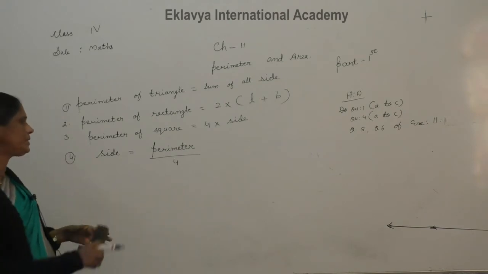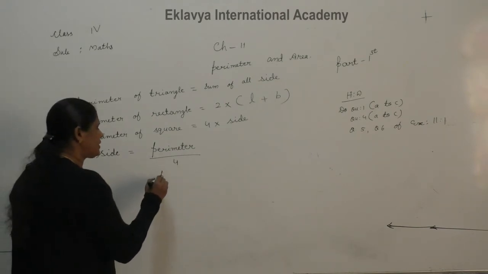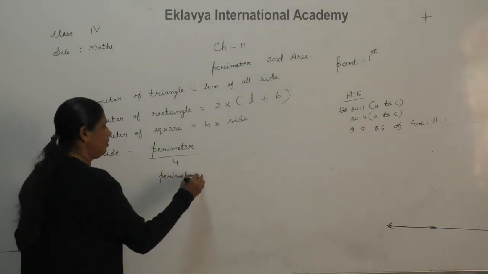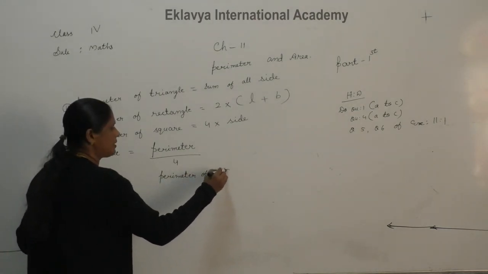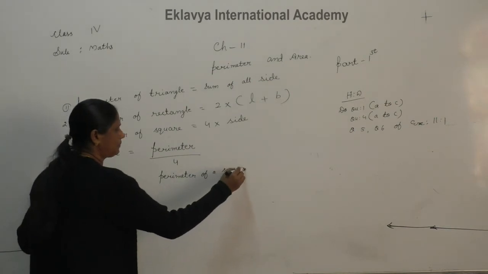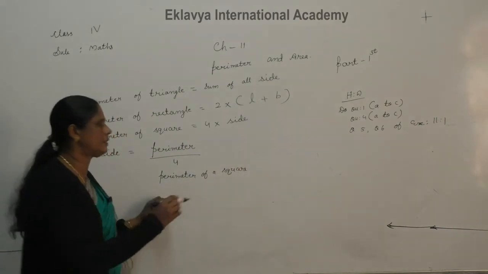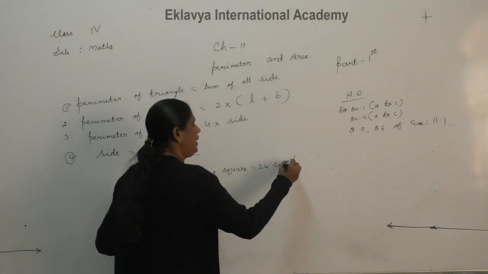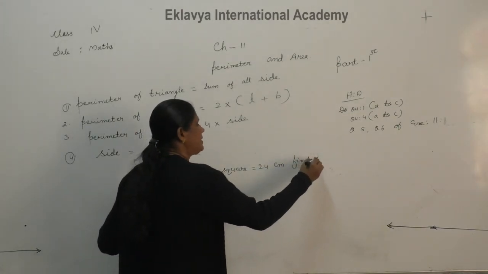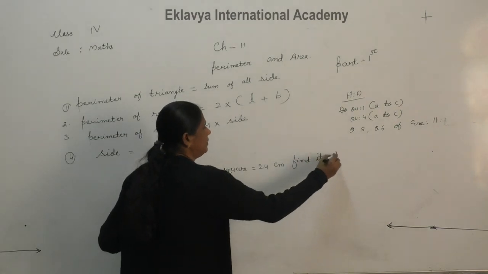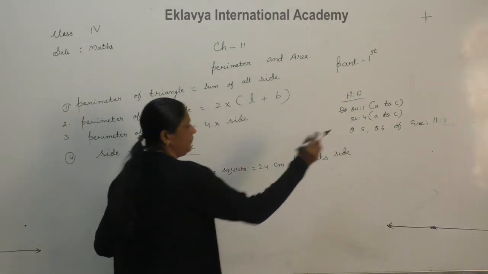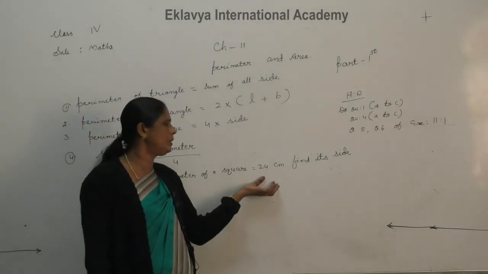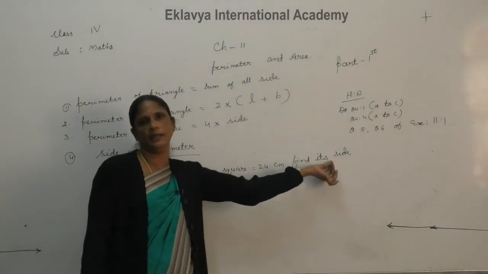How to solve this? Our question: perimeter of a square is 24 centimeter. Find its side.